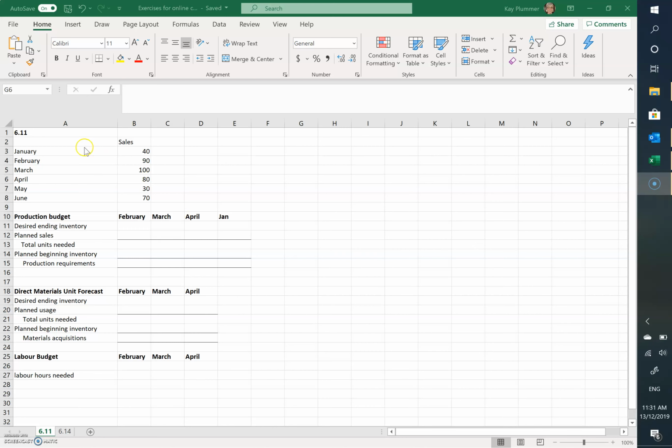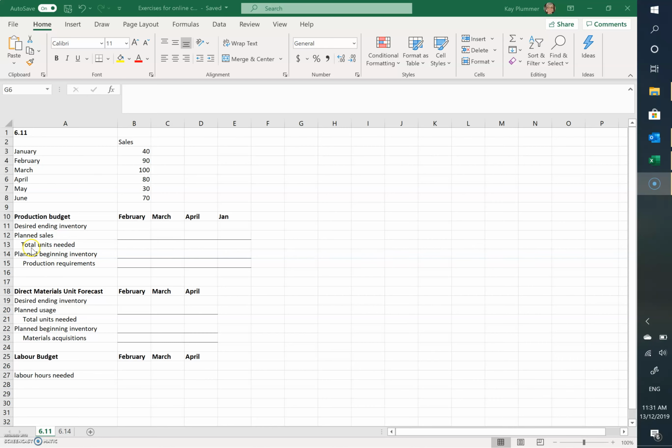We've got all the sales figures for January, February, March, April, May, June. What you're asked to do is to prepare a production budget for February, March and April. So that's this first table that we've got here. Now, to do a production budget, we've got to work out what our production requirements are.